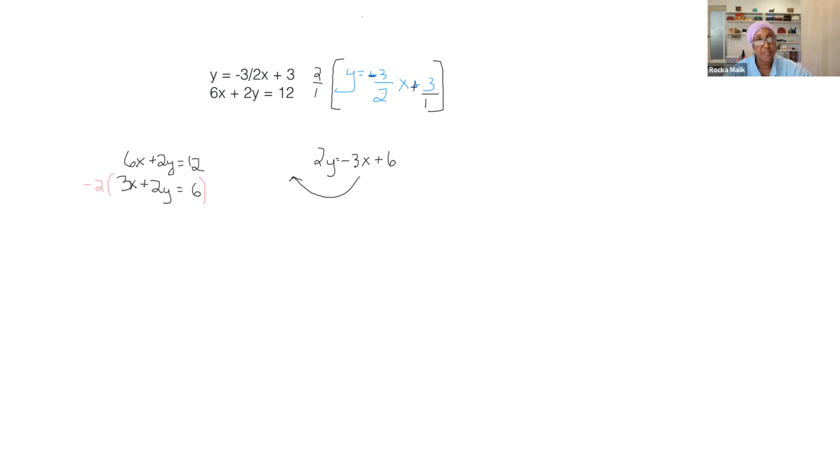So I'll leave the top the same. I multiply the bottom by -2. So -6x, -4y, -12.